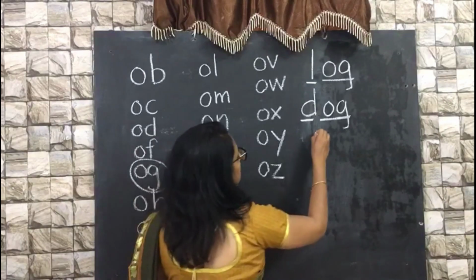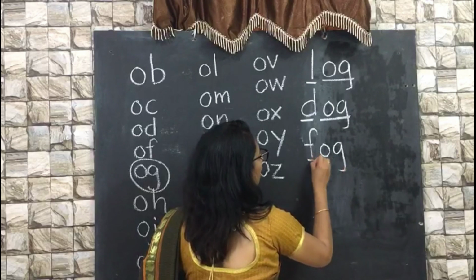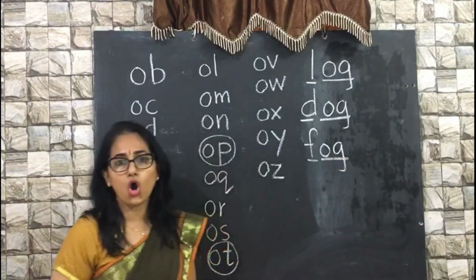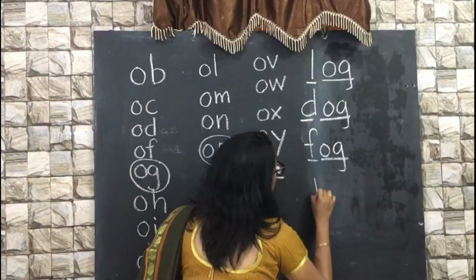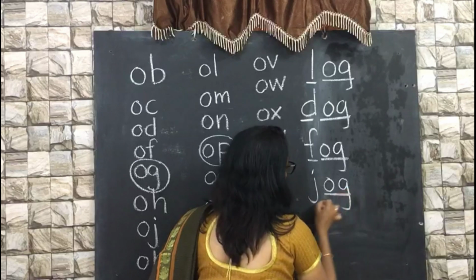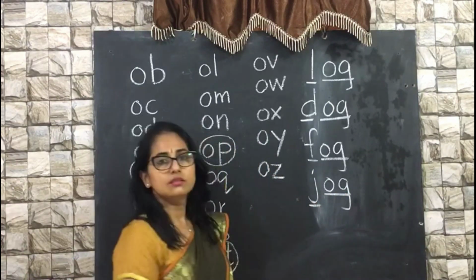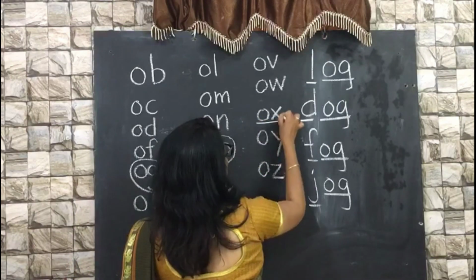And the next one is F. Og. F, og, fog. And J, og, jog. Right? The next one is ox words.